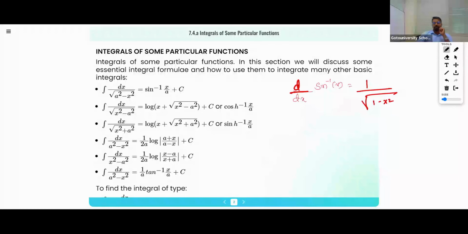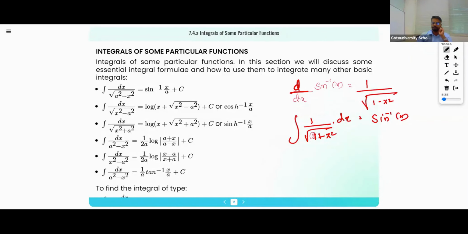So now what will happen if I have to take the integral of that? The integral of 1 by root of 1 minus x square into dx is going to be sine inverse of x. With a small additional piece of information, instead of 1, if I have a, it's a square minus x square.